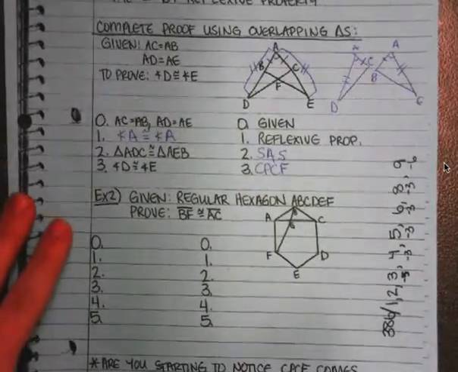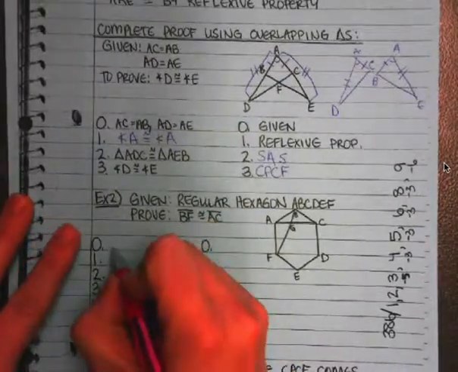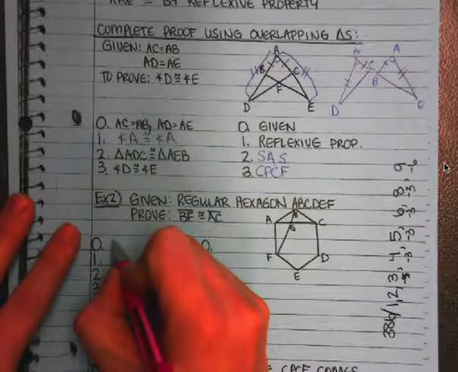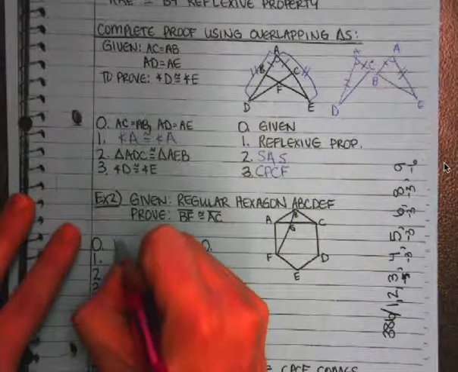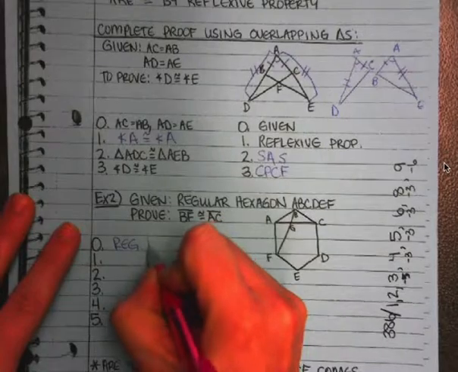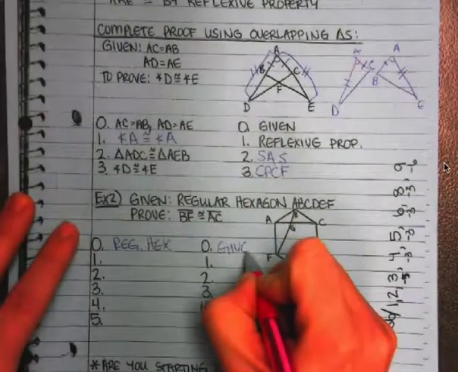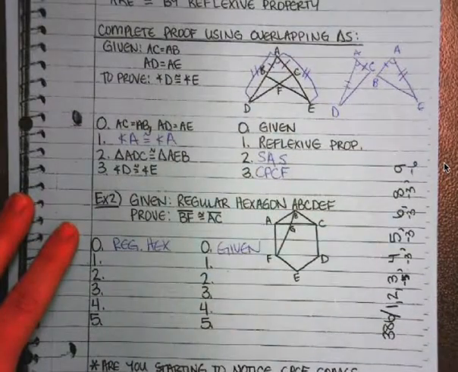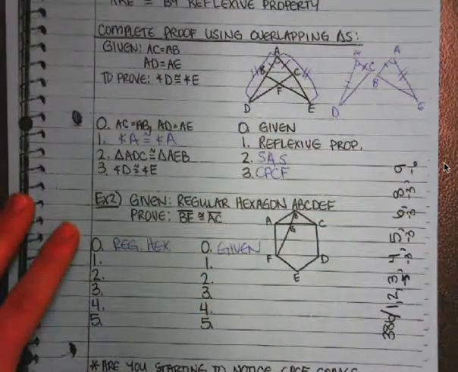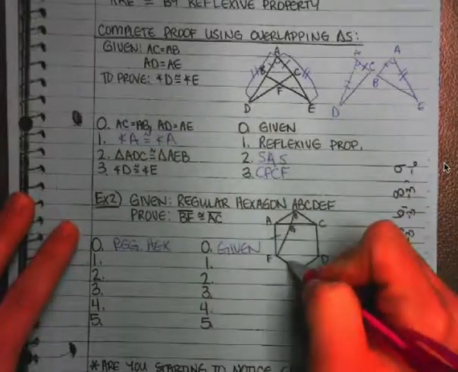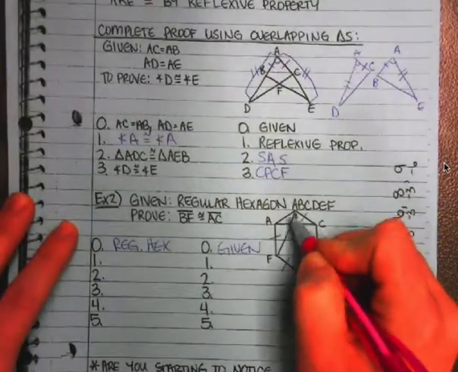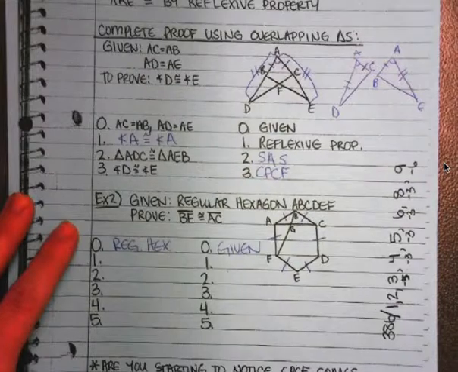So, given, how about we write that down? We have regular hexagon, given. Okay, I know by a regular hexagon that all of this stuff is congruent.